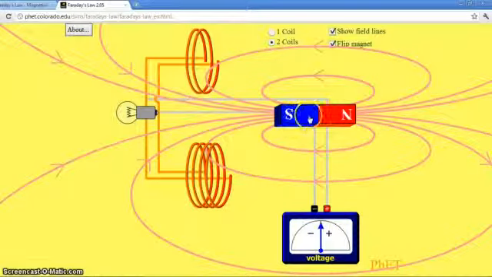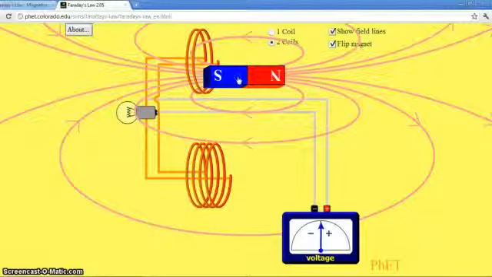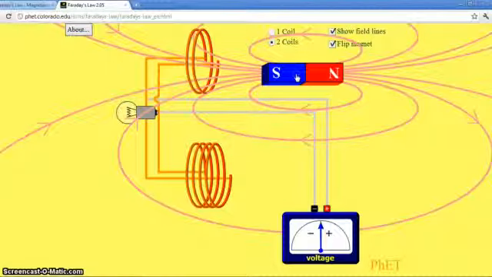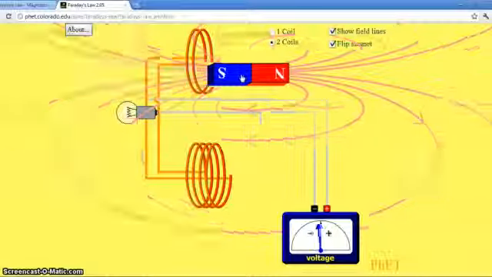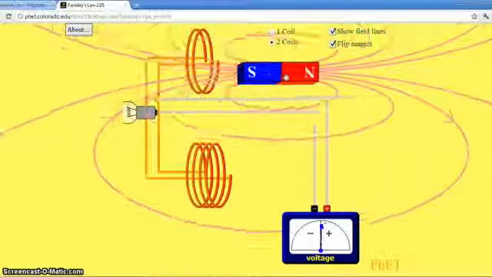Now if we move the magnet towards the coil, the galvanometer is showing a deflection. If we move the magnet away from the coil, again the galvanometer is showing a deflection. Moving towards or away, the bulb is glowing.